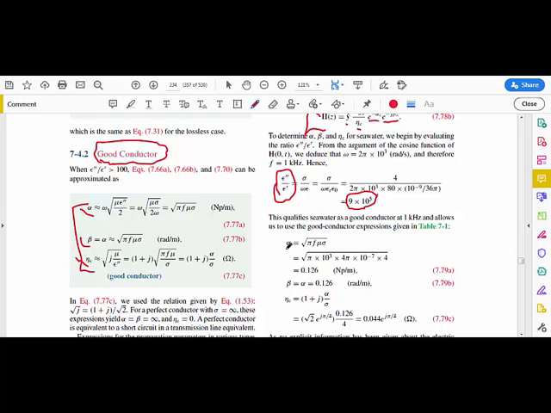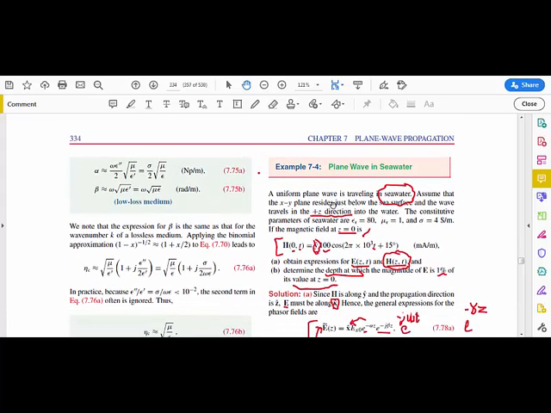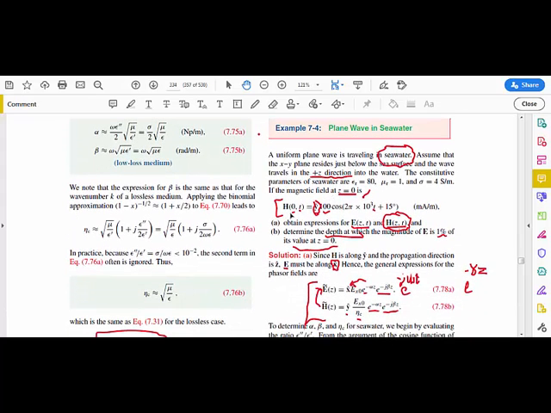So here alpha is calculated. We know f, the frequency, because we can get it from the given expression of the magnetic field here. We can see that f is equal to 1000 hertz, 10 to the power 3.